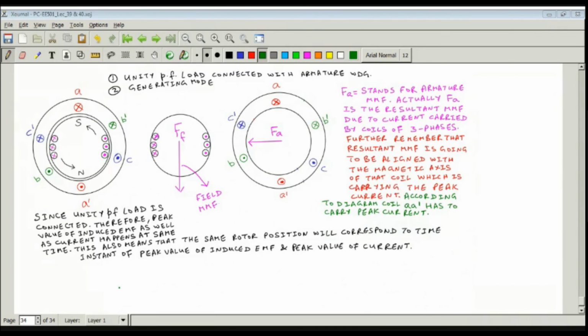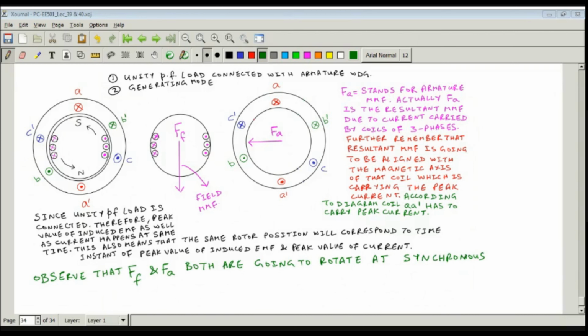Let me write in some other color. Observe that FF and FA both are going to rotate at synchronous speed and in the same direction.